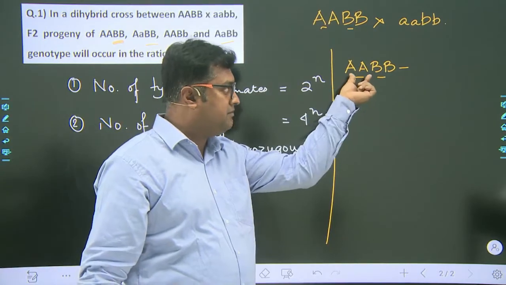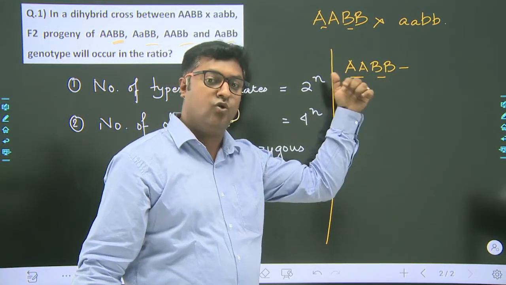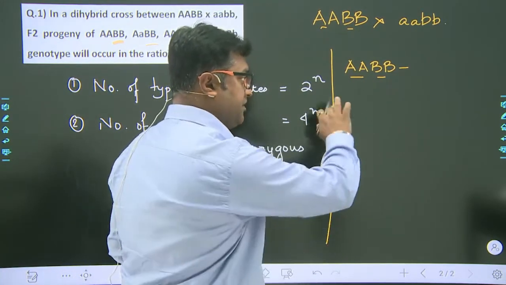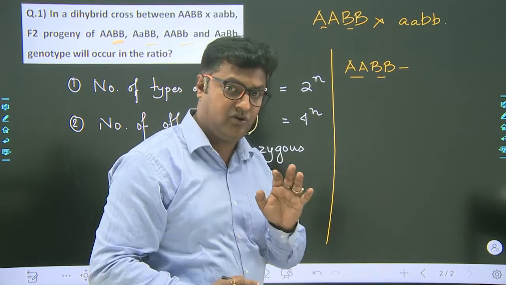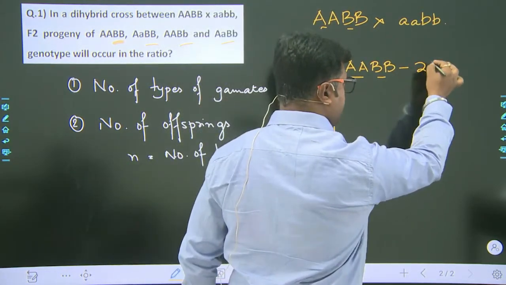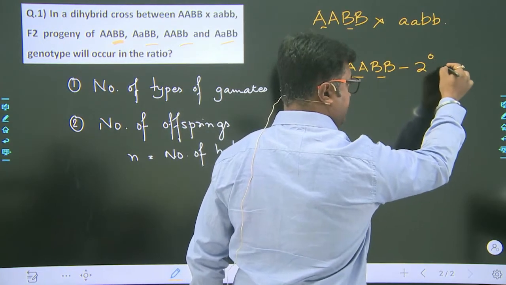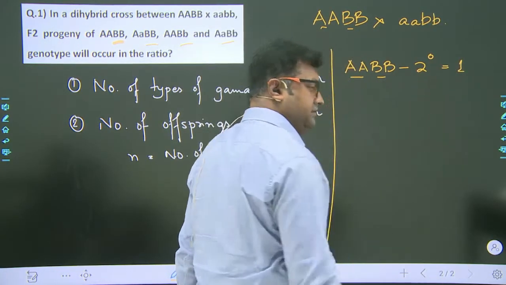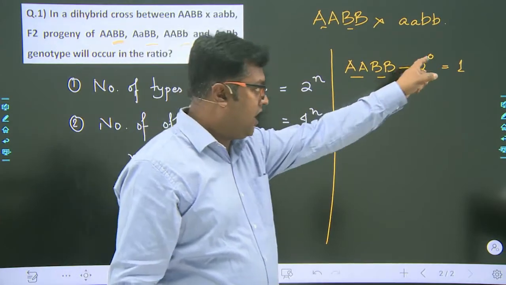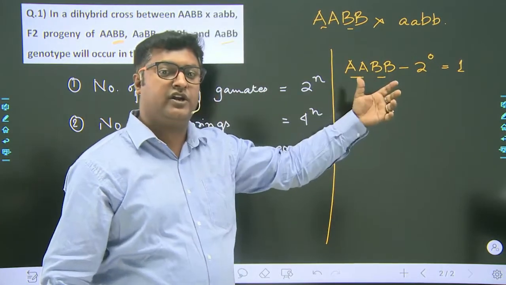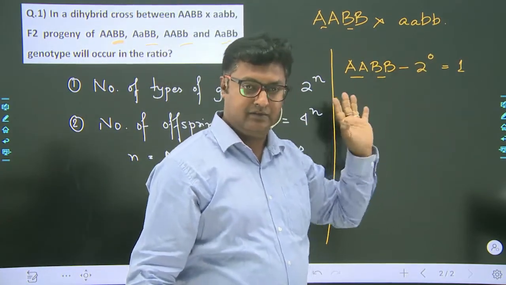We can observe that both are homozygous in nature, so the number of heterozygous conditions n equals 0. So 2 to the power 0 equals 1. How many of this genotype will occur? Only 1.